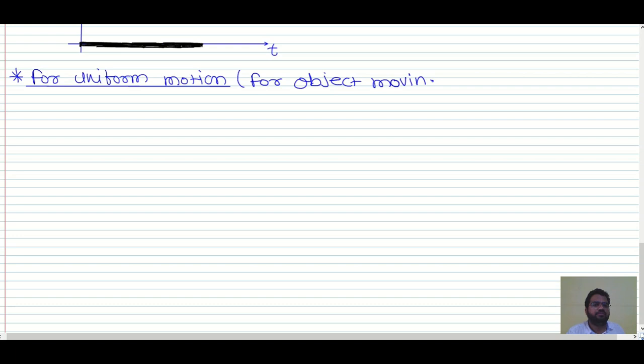Now see, for object moving with uniform velocity.